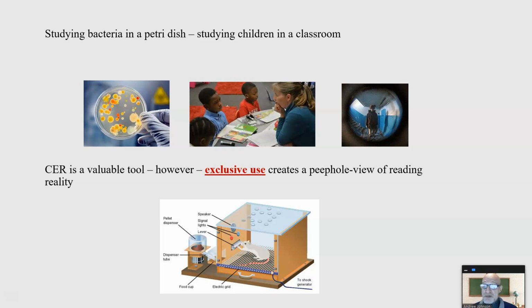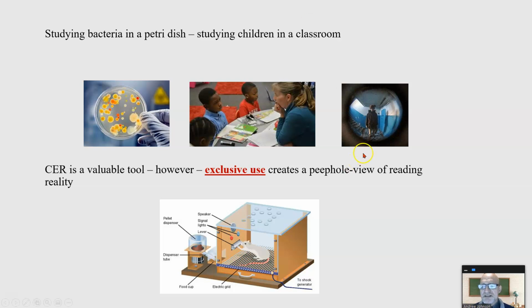Now, controlled experimental research is a valuable tool, absolutely. However, the exclusive use of controlled experimental research creates a peephole view of reality. And I'm a literacy professor, so it creates a peephole view of reading reality, that you see a little spot of reality, but you miss a whole bunch.